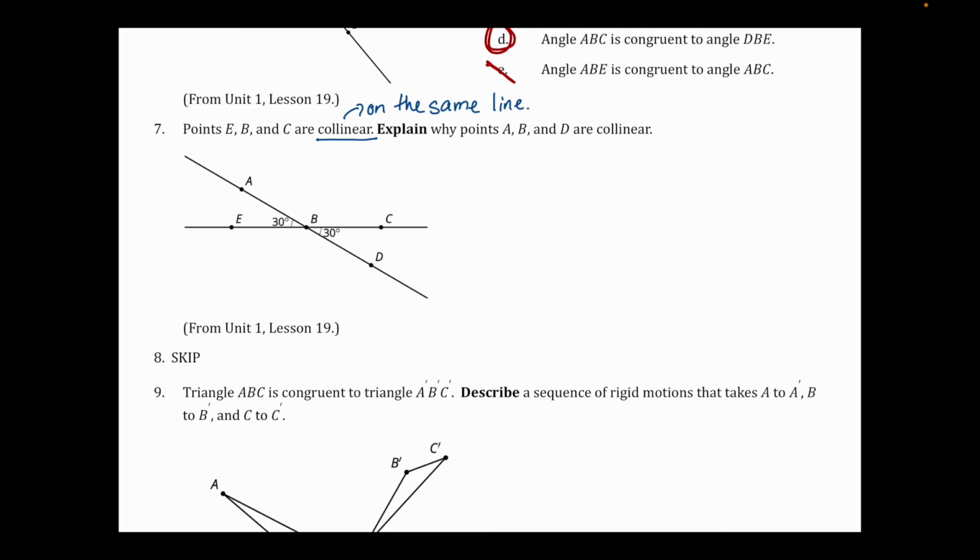So if we rotate around center B, right here, we already know EBC, this is a line. So we want to rotate.